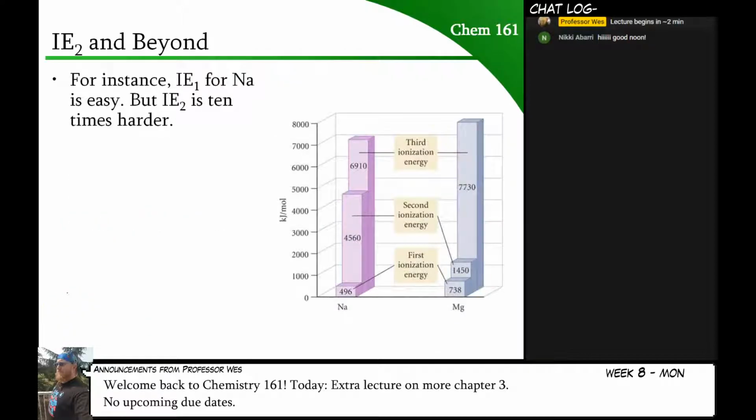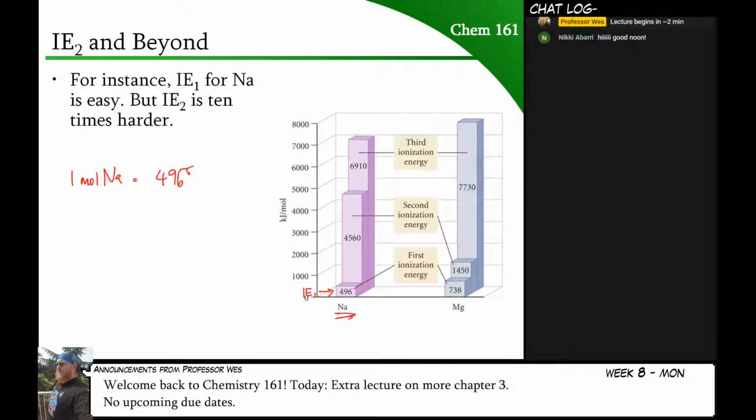Let's actually look at the data here. So this is sodium right here on the left. And you can see that the first ionization energy right here takes 496 kilojoules per mole to ionize. What that means is that if I have a mole of sodium, oops, I lost a 6 in there.